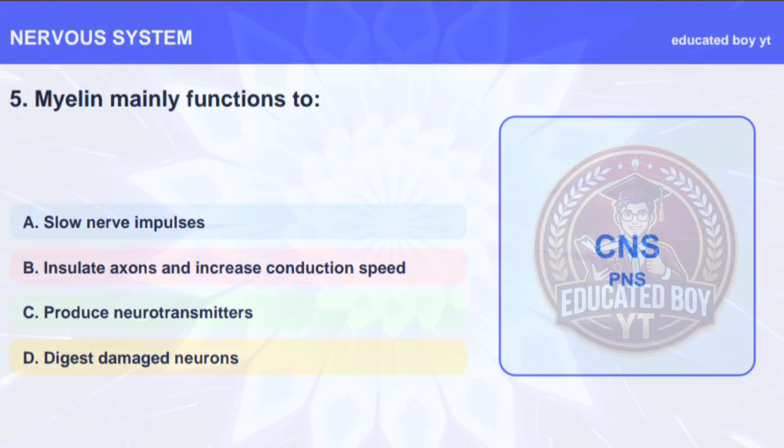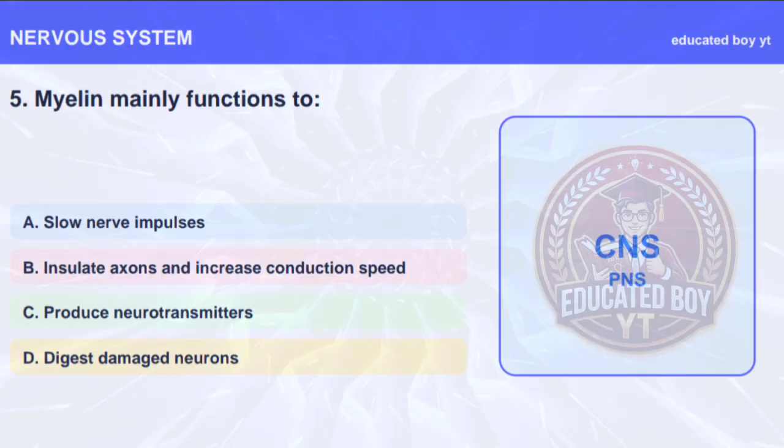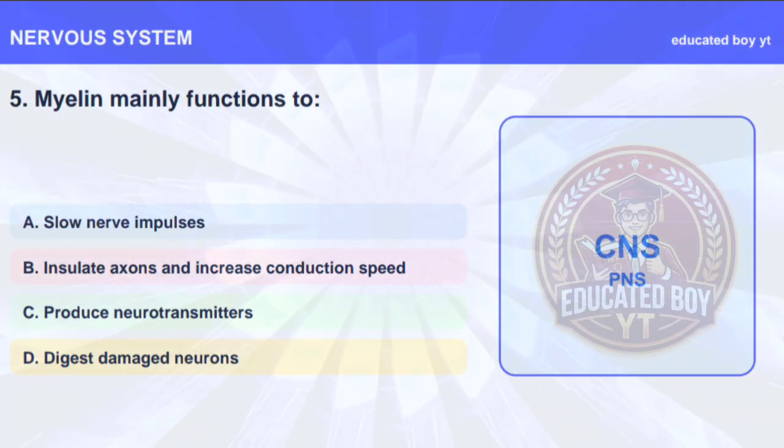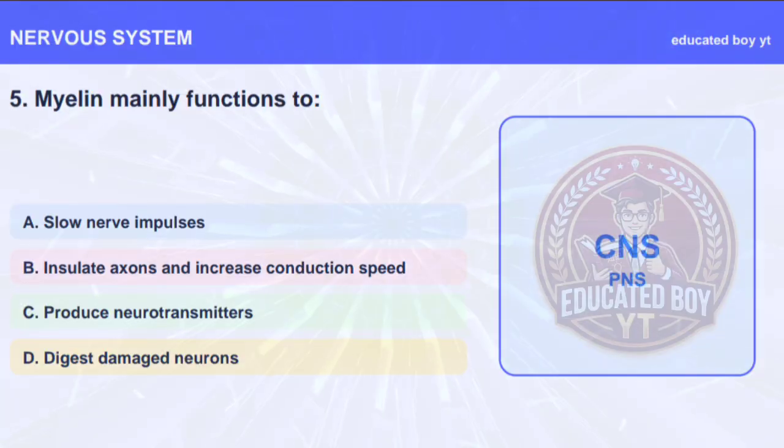Question number 5. Myelin mainly functions to: option A, slow nerve impulses; option B, insulate axons and increase conduction speed; option C, produce neurotransmitters; option D, digest damaged neurons.